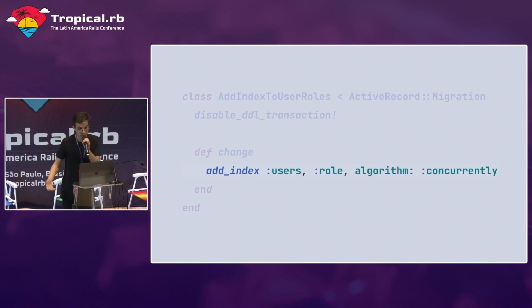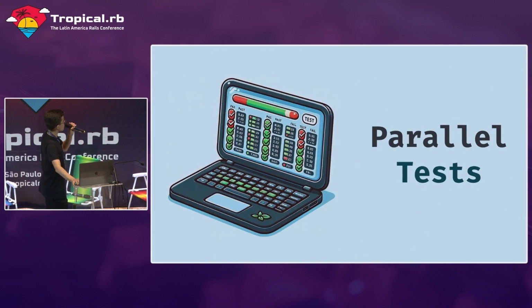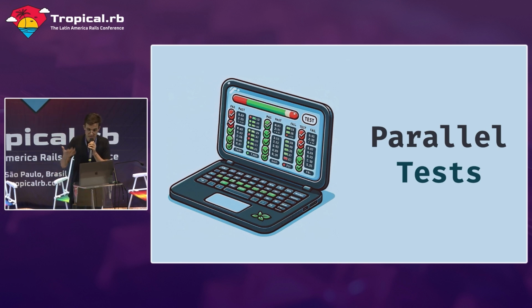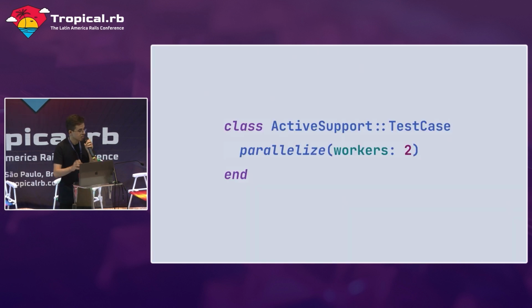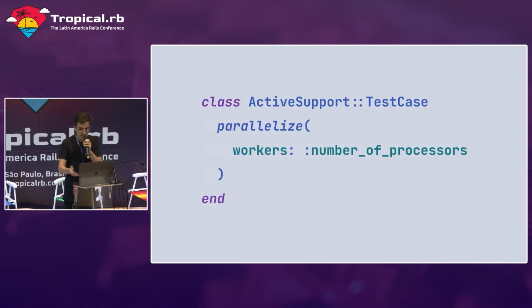but slower is better than unusable. Talking about slow things, Rails can help you with your tests. Since Rails 6, you can run your tests in parallel. Basically, all you need to do is say how many workers you want. And you can let it figure it out by looking at the number of processes your computer has.